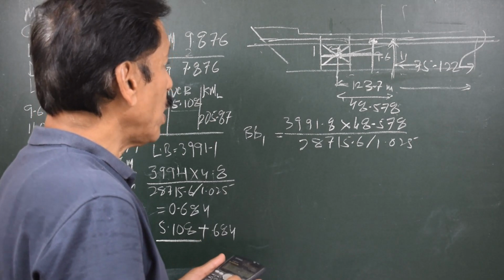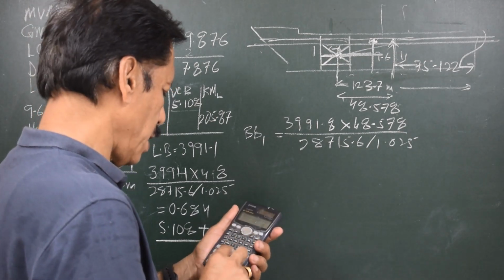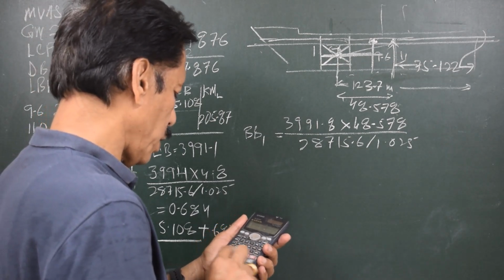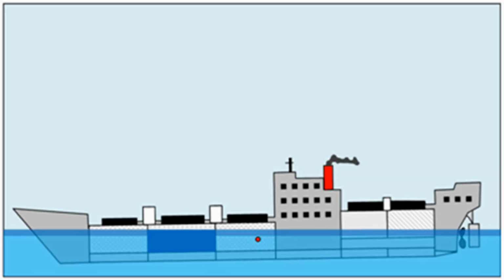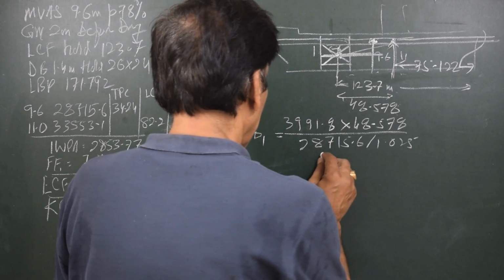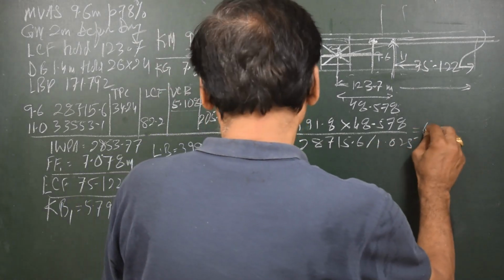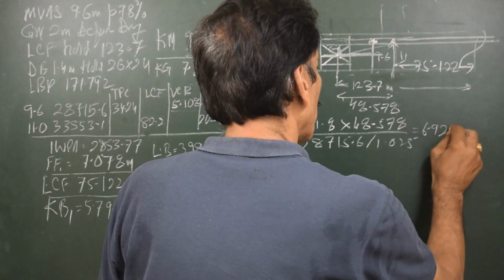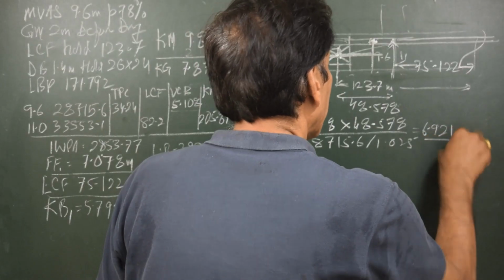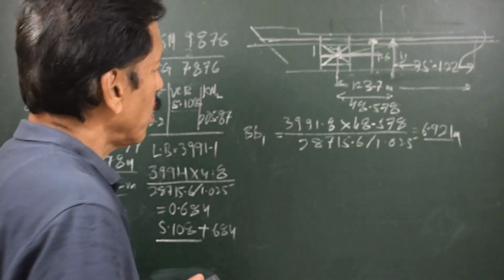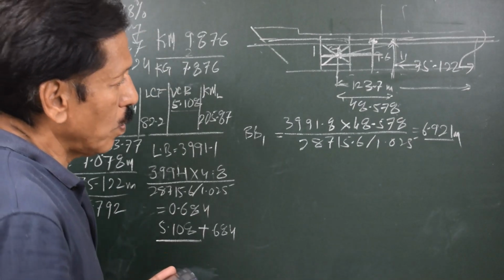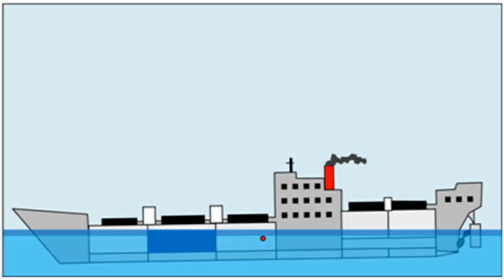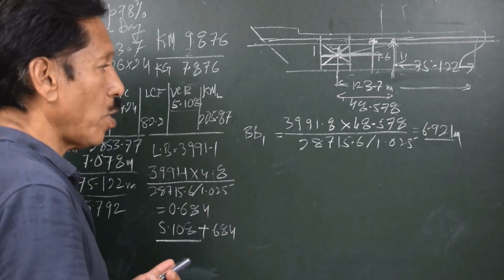So the longitudinal shift of center of buoyancy is 3991.1 into 48.578, which gives me 6.921. So the center of buoyancy has shifted in aft direction by an amount equal to 6.921 meters.